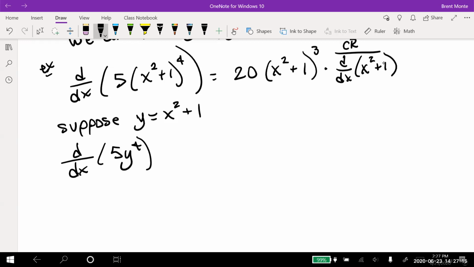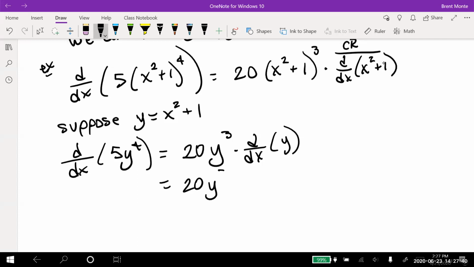If I substitute that x squared plus 1 in, I get that previous problem. Now when I take the derivative, think of what I do. I do it the same way. Use the power rule, 4 times 5. I get 20y to the 3rd, but then times the derivative with respect to x of whatever y was. I don't know y in this case. So what I have to call that, I say, oh, that's dy dx.